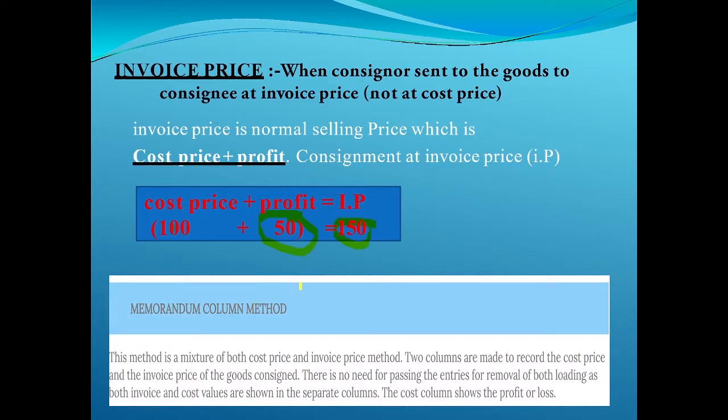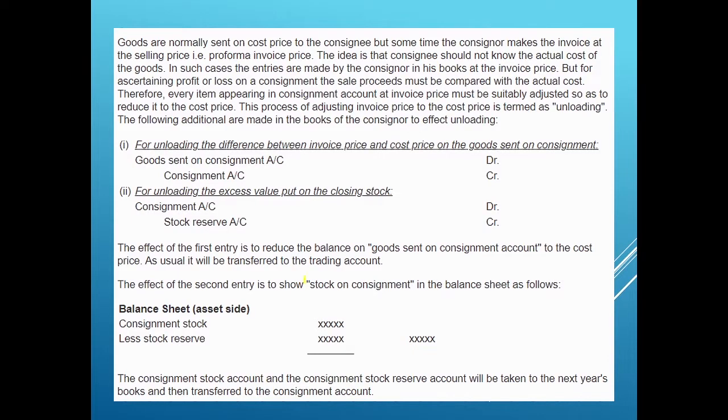Now, the process of adjusting invoice price to cost price is termed unloading. 50 was added by the consignor, and now we are unloading the 50 rupees to make it cost price. The following additional entries are made in the books of the consignor to effect the unloading: goods sent on consignment account debit to consignment account, the difference between invoice and cost price.